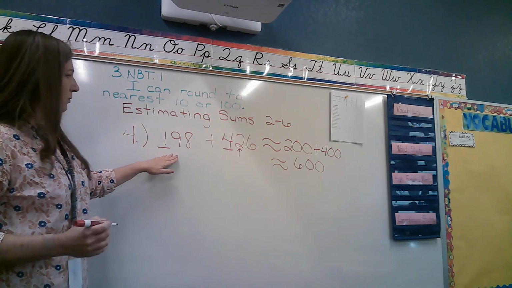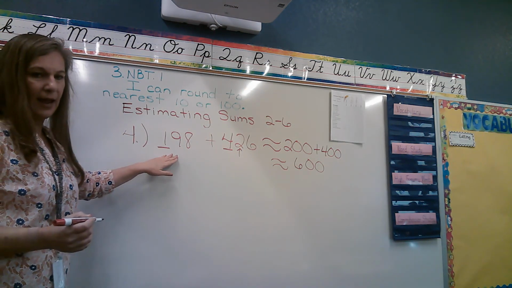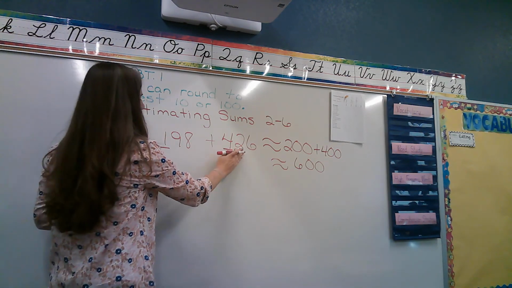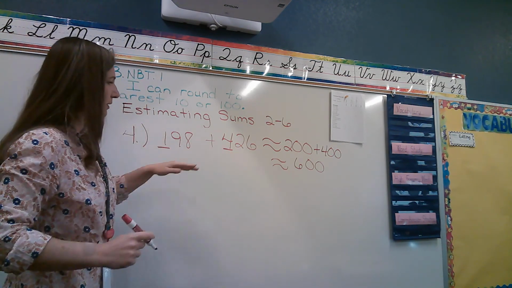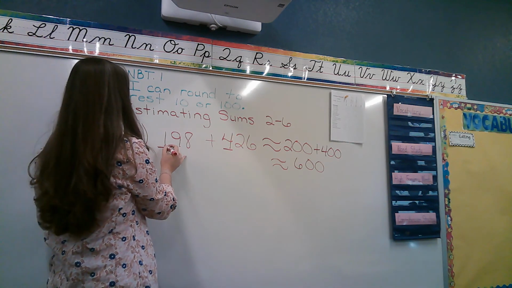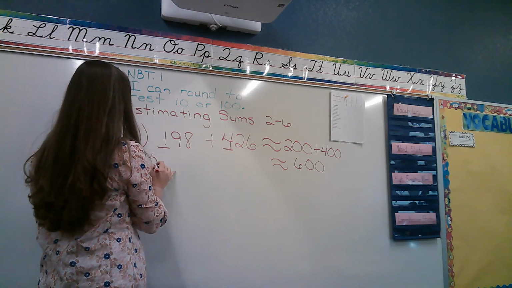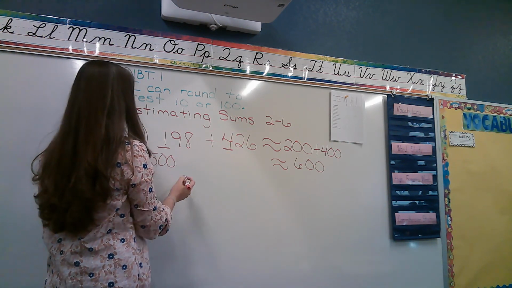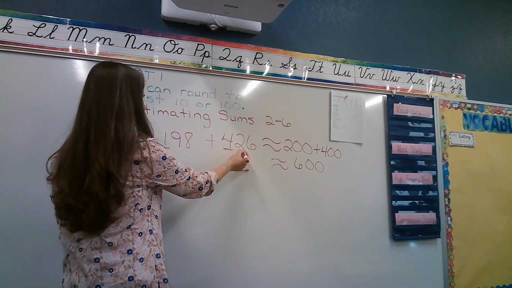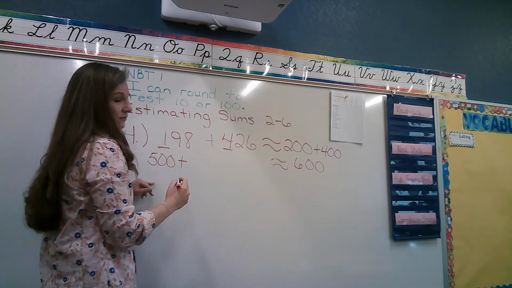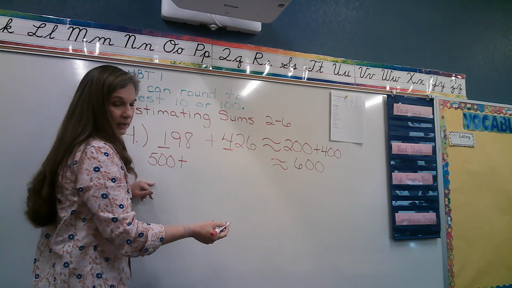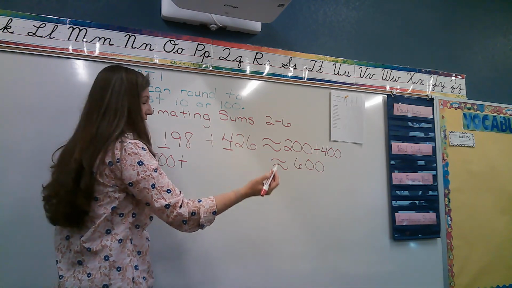So now I can go ahead and add these to see if it's going to be approximately the same amount. So 100 and 400 is 500. 90 and 2 more 10s. What comes after 90? 100. The next 10 would be 110.